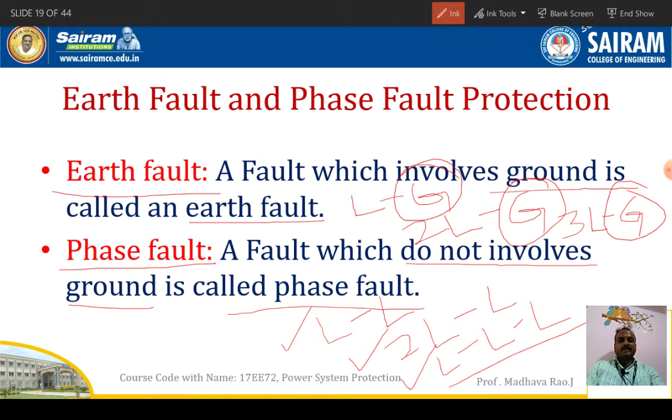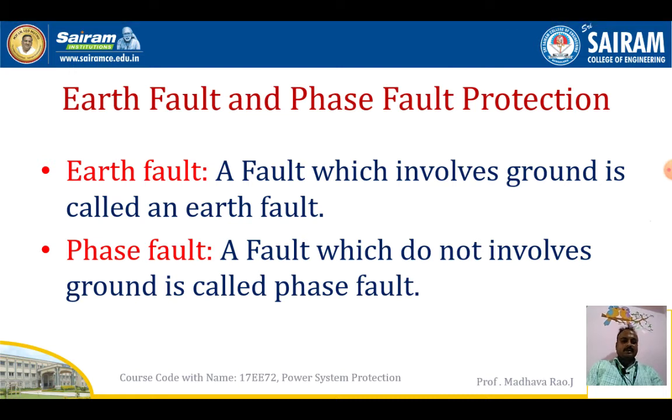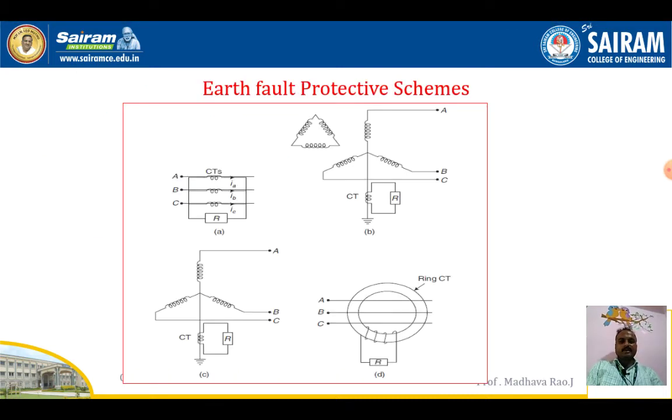Here we can see different types of examples. I have taken 4 examples: generator, transmission line, motor, and transformers. These 4 examples belong to earth fault protective schemes.